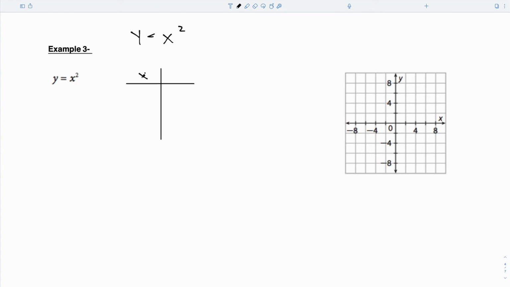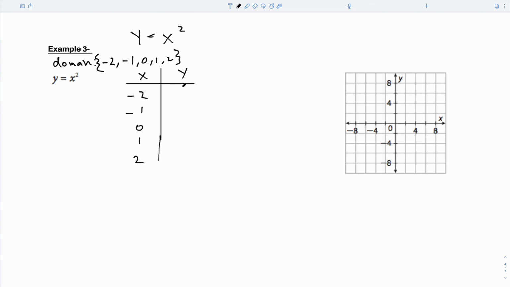So let's do x and y, and we're going to graph for the domain of -2, -1, 0, 1, and 2. So let's put that in our x value.